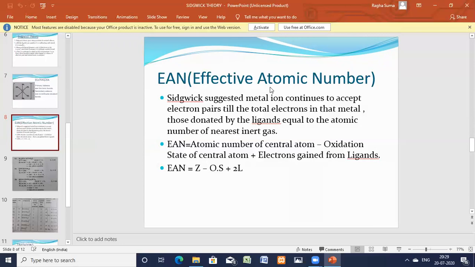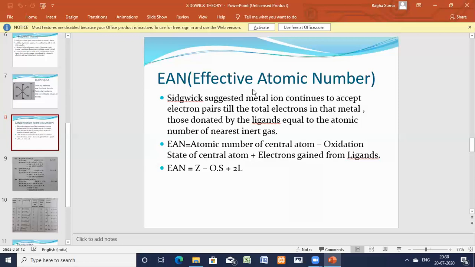So the stability is there for that sphere. It is just because of the coordinate covalent bond, and the coordinate covalent bond contributes to the EAN, effective atomic number. They will get the inert gas configuration. They'll be getting the atomic number of the nearest inert gas configuration. So they're highly stable just because of this EAN.